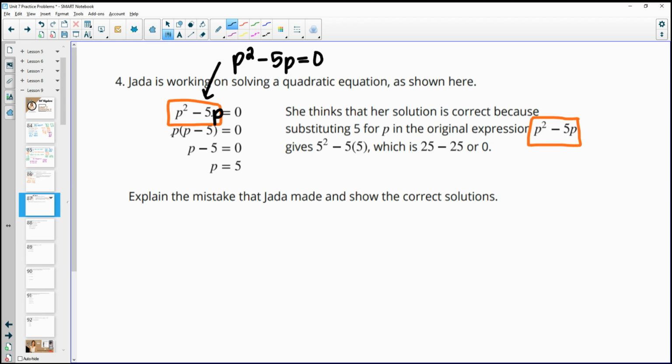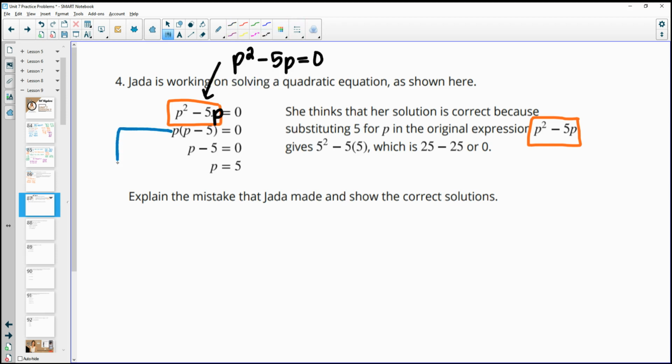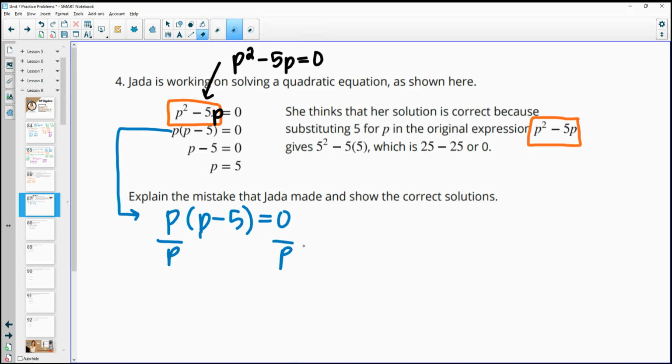And so what happened here is at this step, where we have p times p minus 5 equals 0. So she factored this correctly, because if we multiply p in, we would get p squared minus 5p, which is our original. So this is good. But when she goes to the next step, she loses this p because she divides both sides by p, and we don't want to divide by a variable.